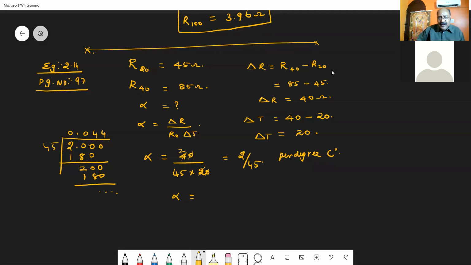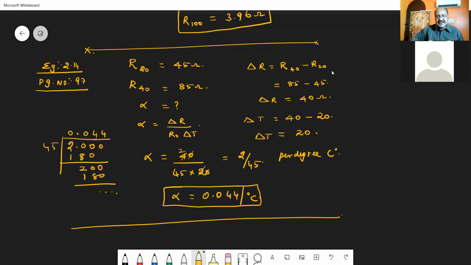So alpha may be 0.044 per degree Celsius is the answer. That is the problem number 2.14. Hope you have understood.